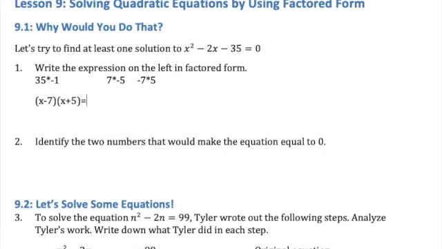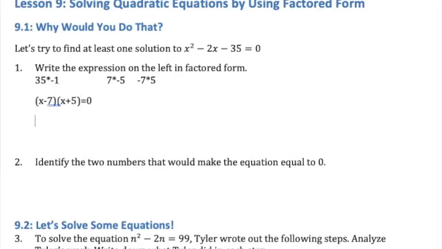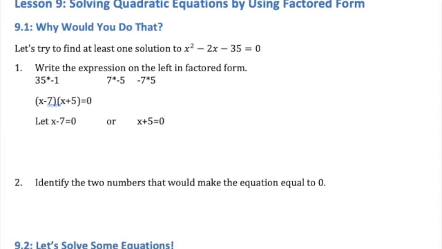And then from there, I would take my equation and say, all right, in this case, by the zero product property, I could either let x minus 7 equal 0 or let x plus 5 equal 0. In that case, I would get x equals 7 or x equals negative 5. So that's what we're going to do today.